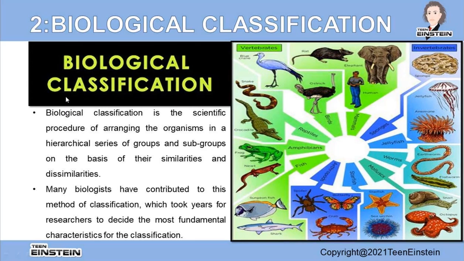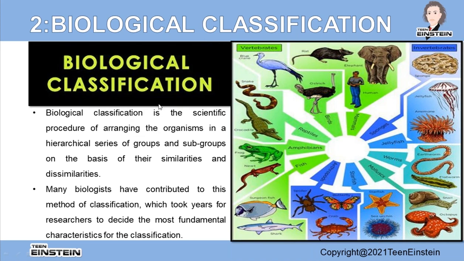Here you can see the picture. In this, you can see so many living organisms. We know that the objects which show growth, adaptation, reproduction, all these characters, are called living organisms.